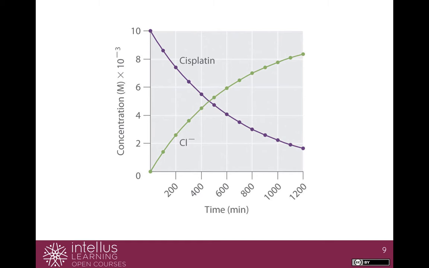So here's an example of some data, and we can see from time 0 to time 200, the purple line is relatively flat and has a slope we could measure.